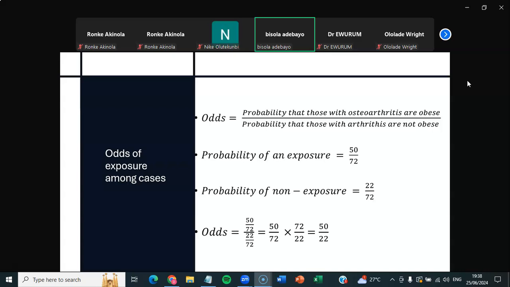So it's going to go the same way. If we break it down step by step, the probability of those with osteoarthritis being obese is 50 over 72, while the probability of those with osteoarthritis not being obese is 22 over 72. So the odds of being obese among those with osteoarthritis is 50 over 22.